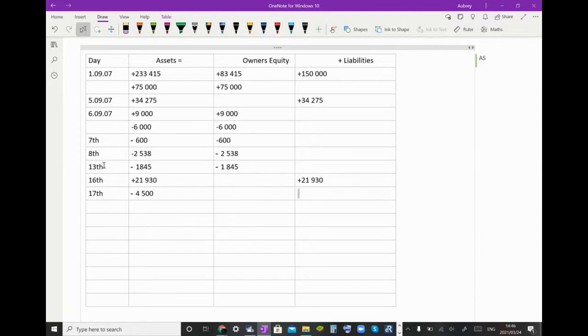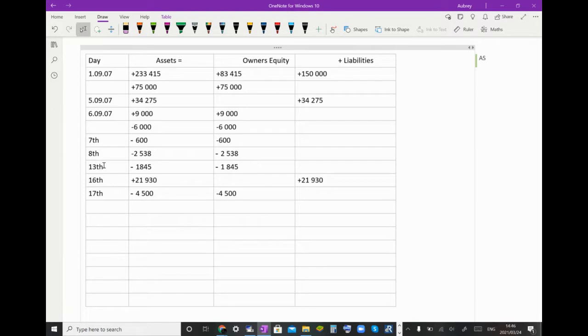What was that for? Office refreshments is an expense. So negative 4,500. Right. 19th, purchase packaging material on credit.